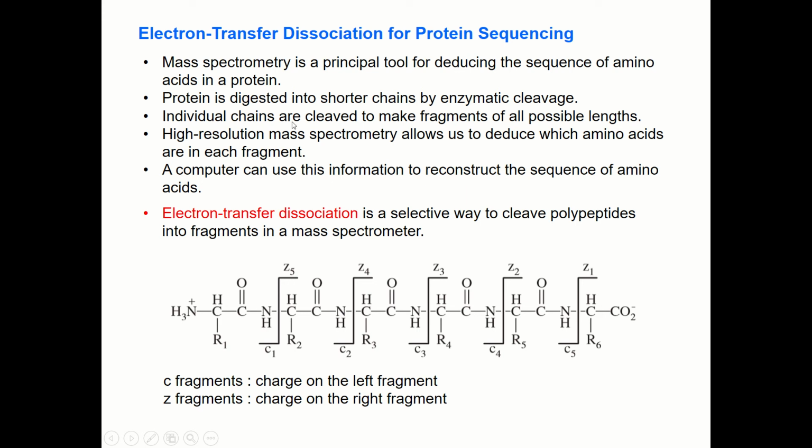In this case we can use mass spectrometry and electron transport dissociation. Actually, fragmentation is done by enzymes, right? And then electron transport dissociation, each fragment mass is detected by the mass spectrometer.